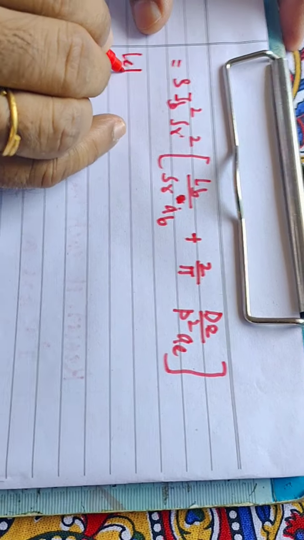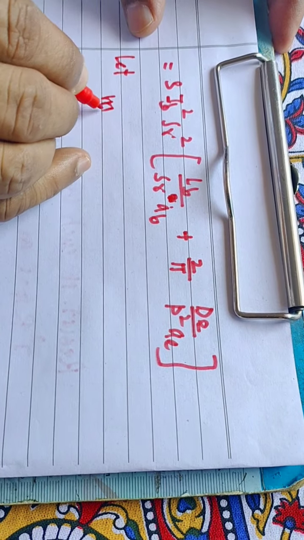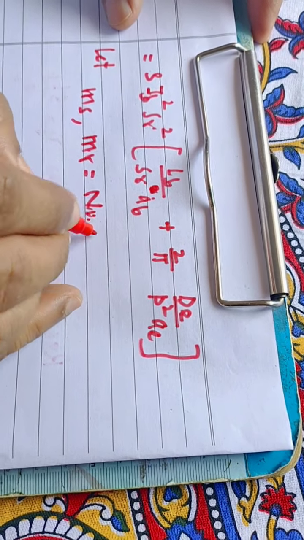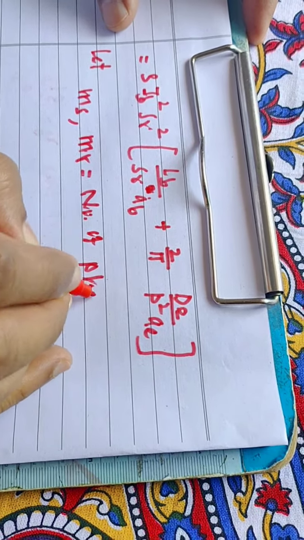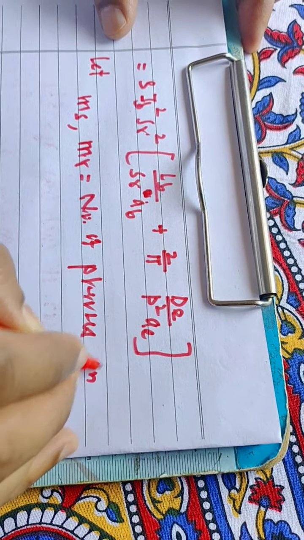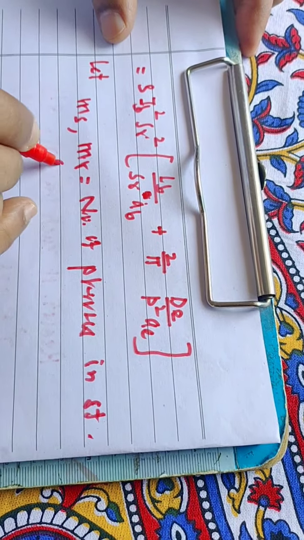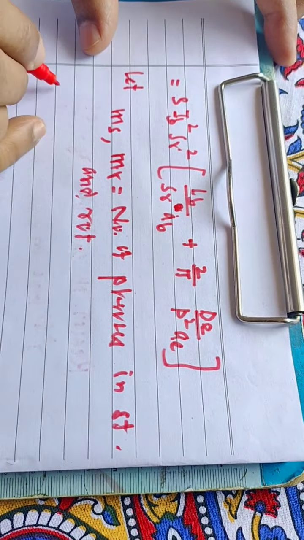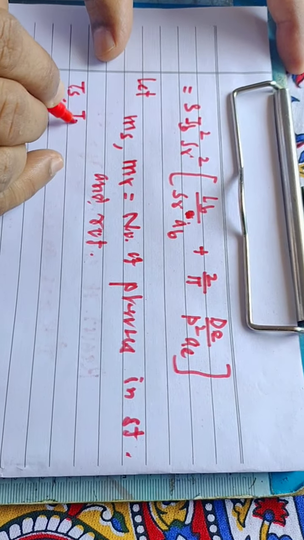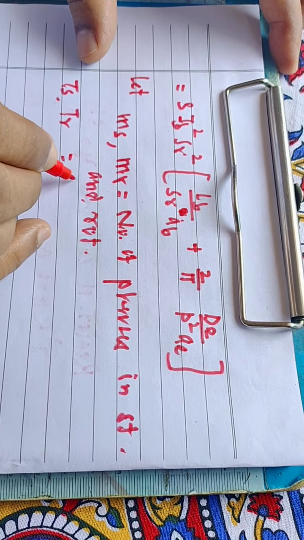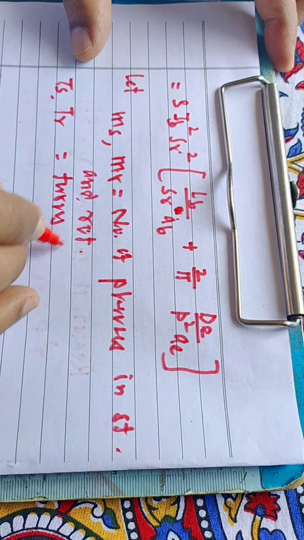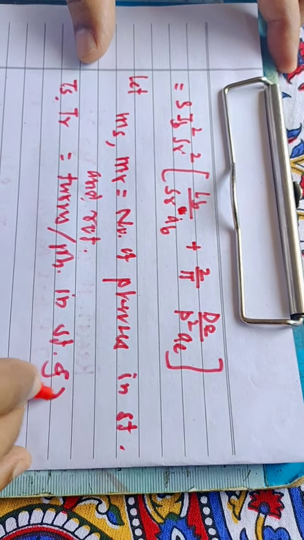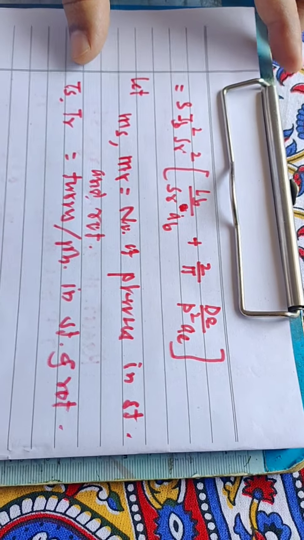Let MS, MR be the number of phases in stator and rotor respectively, TS, TR turns per phase in stator and rotor respectively.